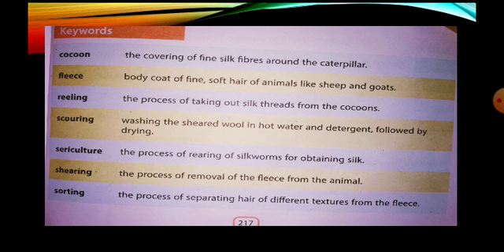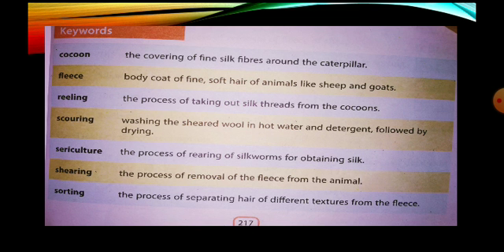Then the second one is the fleece. Fleece is the body coat of fine soft hair of animals like sheep and goat. And generally you know very well the sheep, yak, wild goat and camel.